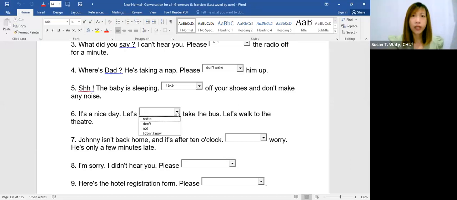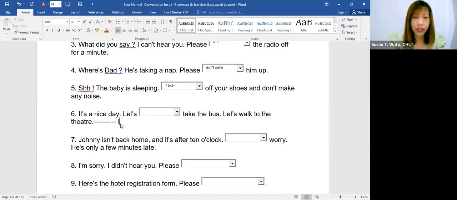When the sentence starts with let's, then let's actually is an abbreviation of let. Okay. Here, so you guys can see it.